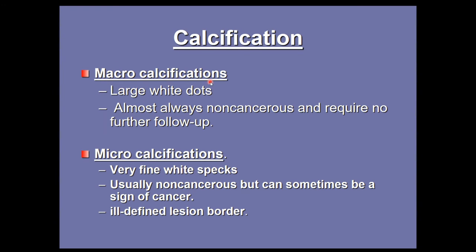And macrocalcifications, from macro you can understand the calcification is large. They are large white dots, almost always non-cancerous and requiring no further follow-up. So if we see a mass with a big calcification, there are increased chances that the tumor is benign.